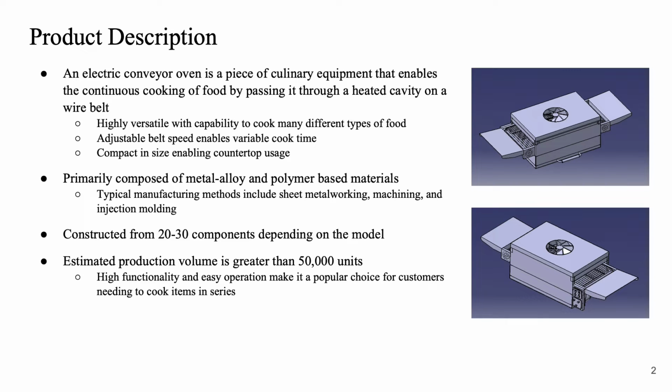It is primarily composed of metal alloy and polymer-based materials, which are typically produced using sheet metalworking, machining, and injection molding methods. Depending on the model selected, this product can vary between 20 and 30 different components, and the estimated production volume is greater than 50,000 units, as its high functionality and easy-to-use operation make it a popular choice for customers needing to cook items in series and add some versatility to their cooking tools.